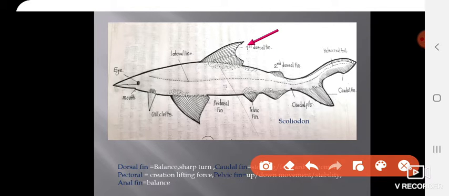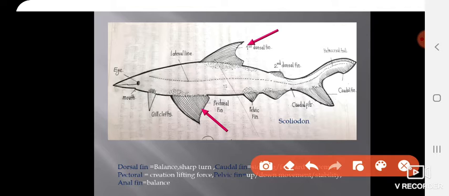Then the pectoral fin creates a dynamic lifting force that helps fishes move in a horizontal or vertical way.